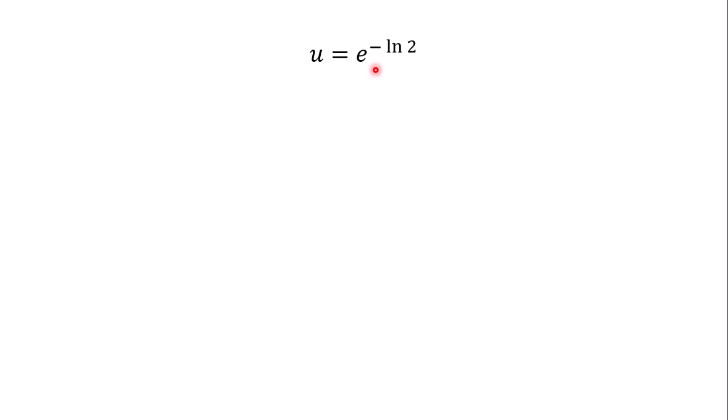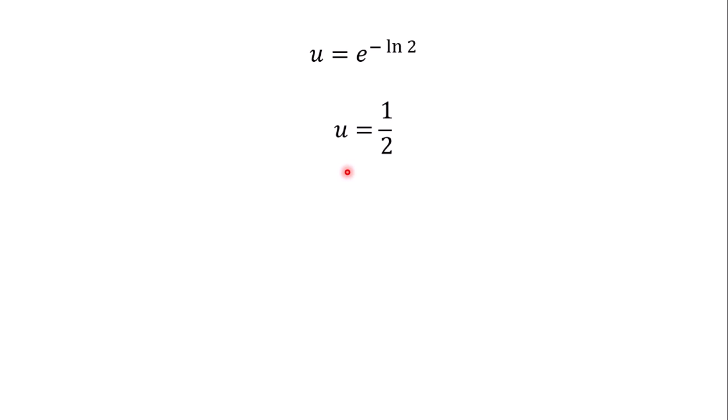Applying the same thing here, when you bring this one, you're going to get 2 raised to the power -1, and the base of this natural log is e, and there's another e here. So this e and the natural log will cancel out, and you're going to get u is equal to 2 raised to the power -1, and that one is equal to 1/2. So actually u is equal to 1/2.